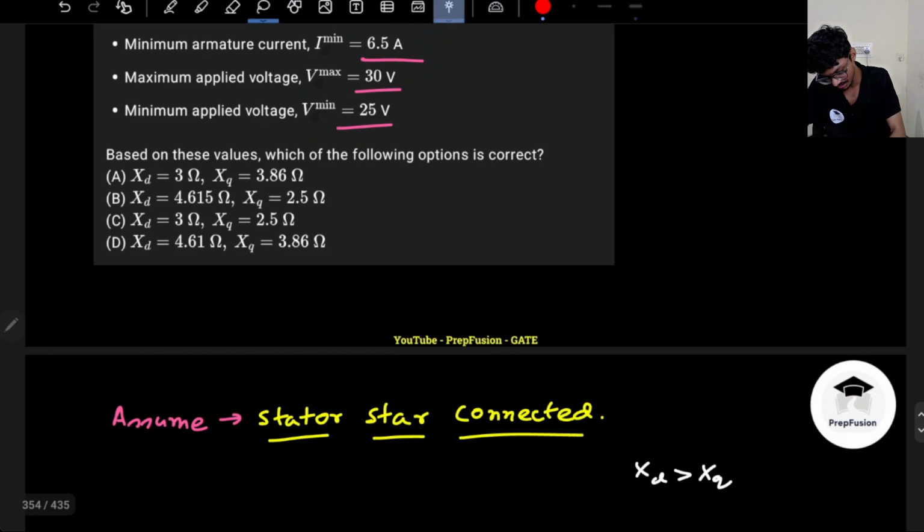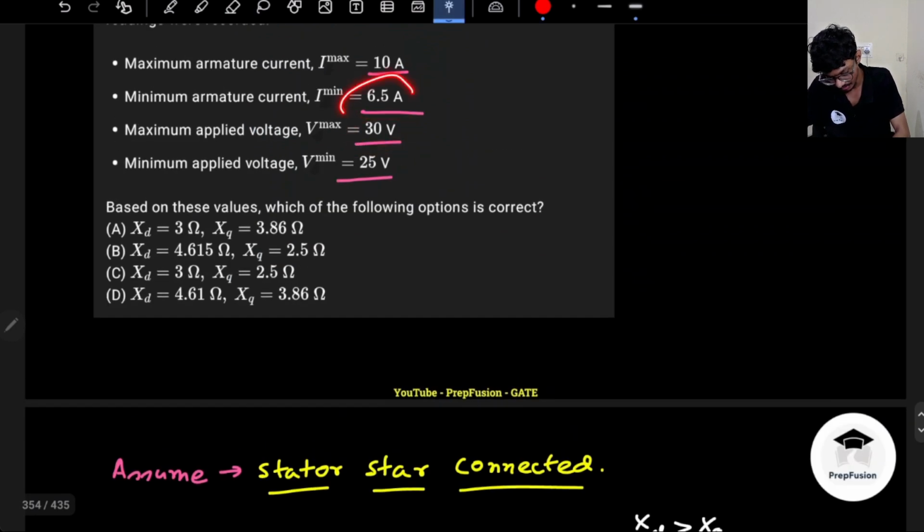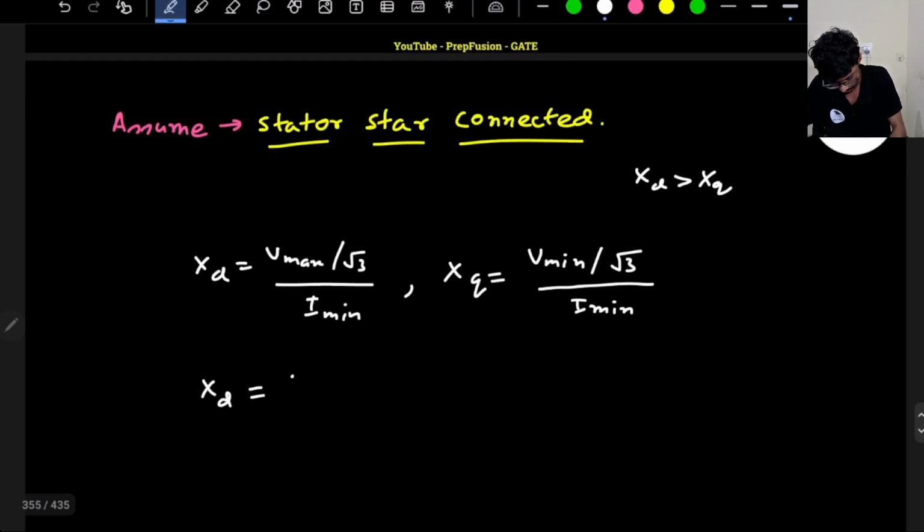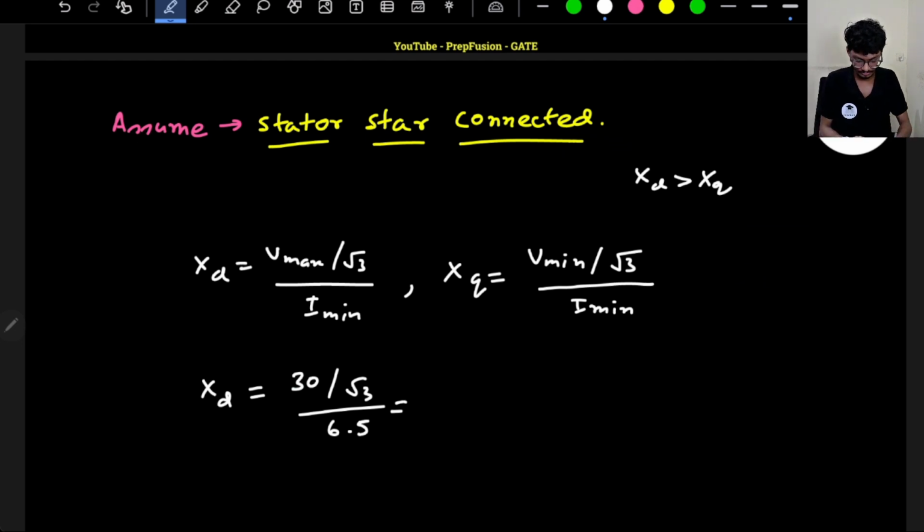What is V max? If you see, it is 30 volt, and I minimum is 6.5. Nothing is mentioned, so they are measuring the line voltage only, so 30 divided by root 3 divided by 6.5. So Xd comes out to be 2.665 ohms.